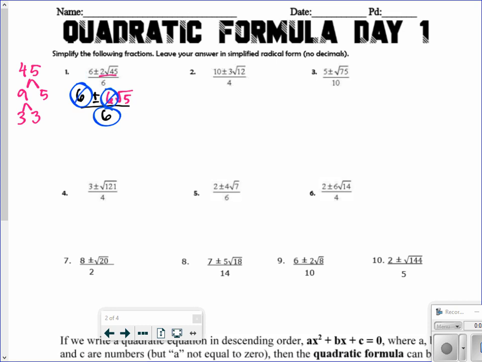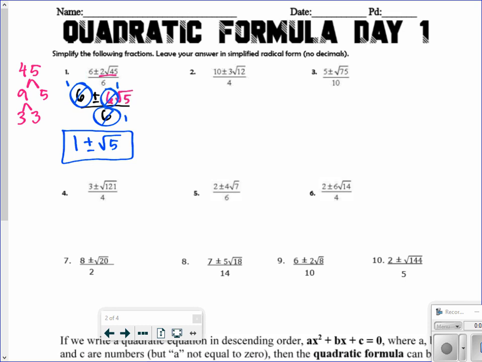So divide it all by 6. That's a 1, 1, and 1. So rewrite it after you've reduced all those numbers down. So that would be 1 plus or minus the square root of 5. A 1 in front of the radical you don't have to change. Do you have to write a denominator of 1? No. So this is your final simplified answer.